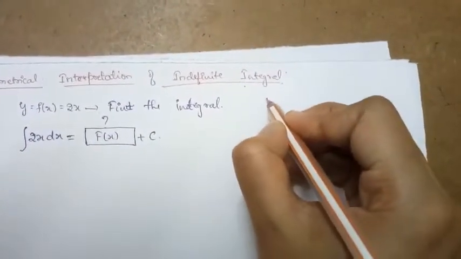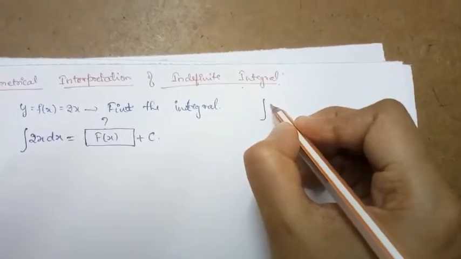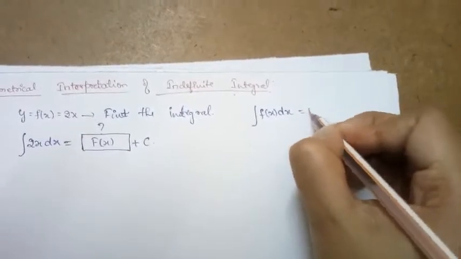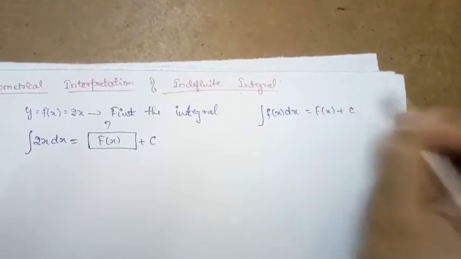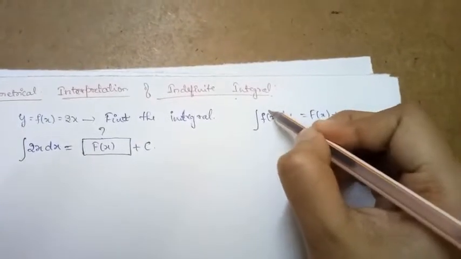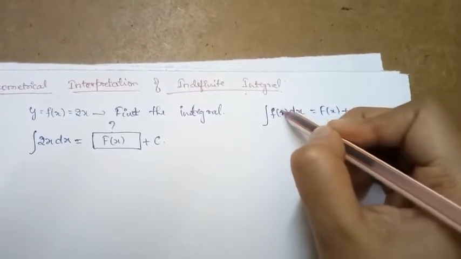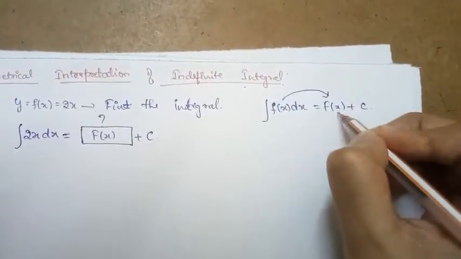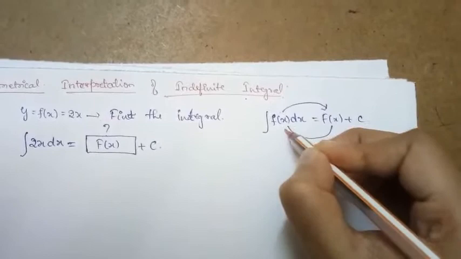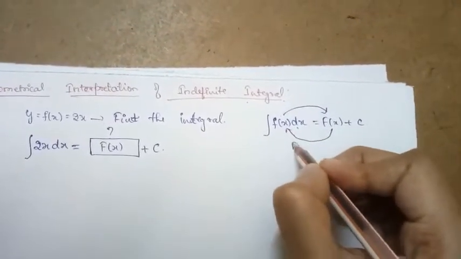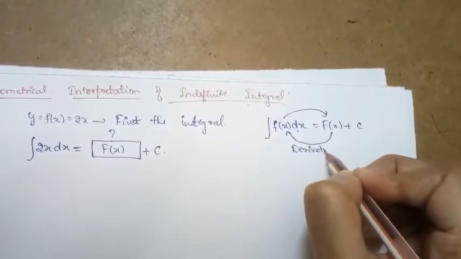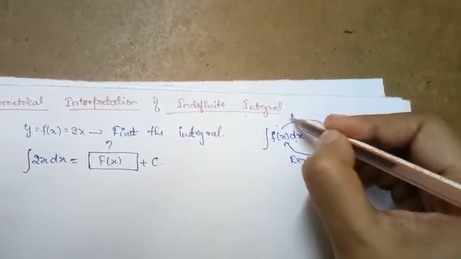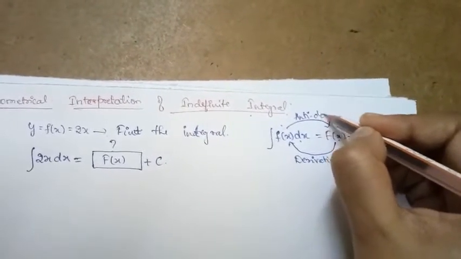Clearly we know that the integral of f(x) with respect to x gives us F(x) plus c, where f(x) is the small f. If through F(x) we find f(x), this process is called a derivative, and if through f(x) we find F(x), this is called an antiderivative.